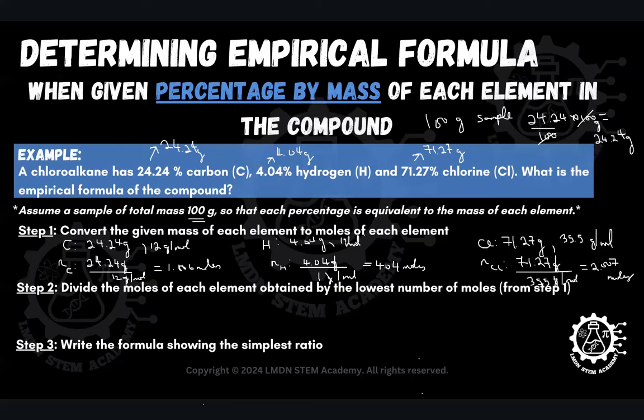So we are done with step 1. We're on to step 2, where we divide the moles that we obtained by the smallest of them. Which one is the smallest? Let's look at the numbers: 1.006, 4.04, and 2.007. Actually, this is not 1.